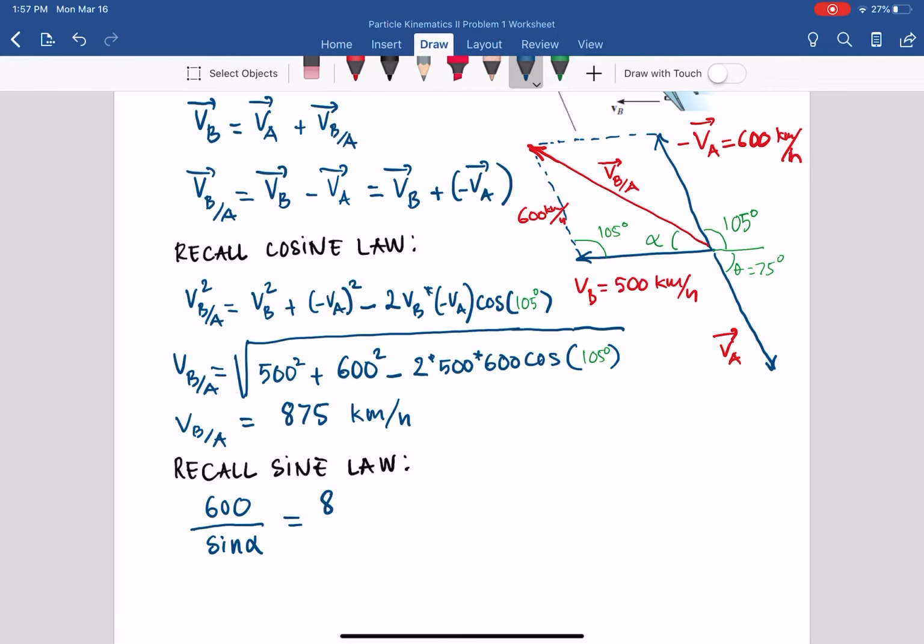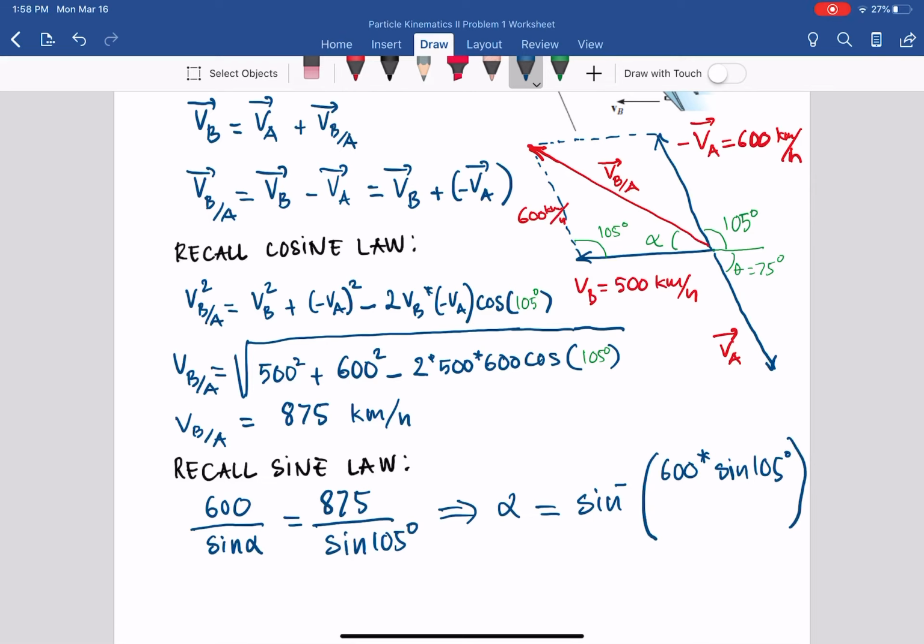So 875 divided by sine 105 degrees. One equation, one unknown, so we can use the inverse sine. From here, I can have alpha equal to inverse sine of 600 times sine 105 degrees divided by 875.